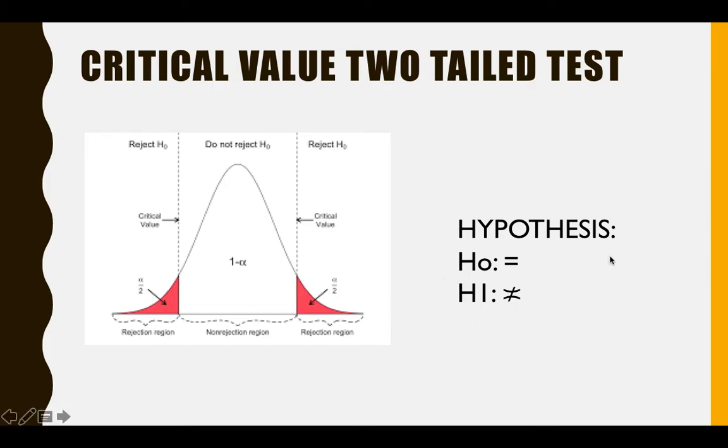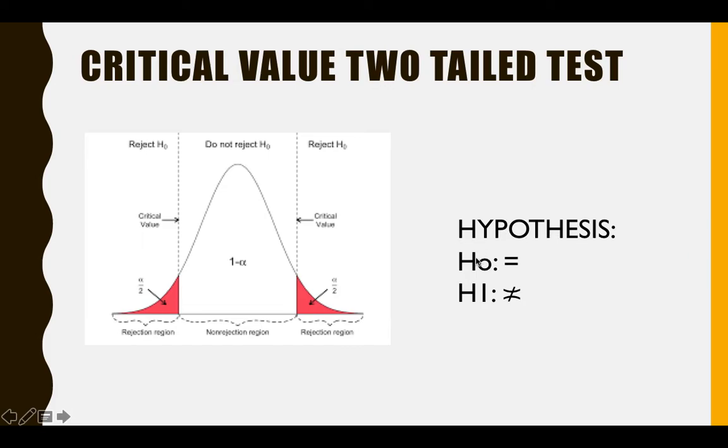First, look at the hypothesis that you have formulated from step number 1. In order to know which critical value you should use, is it two-tail or is it one-tail? It depends, again I repeat, it depends on the hypothesis.